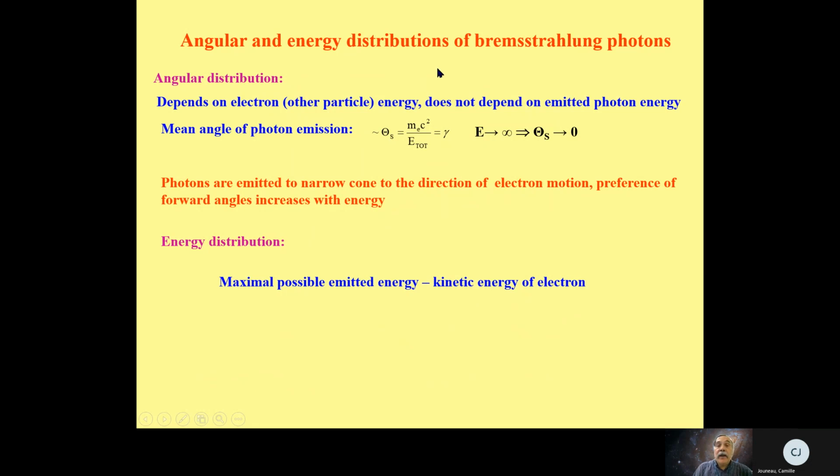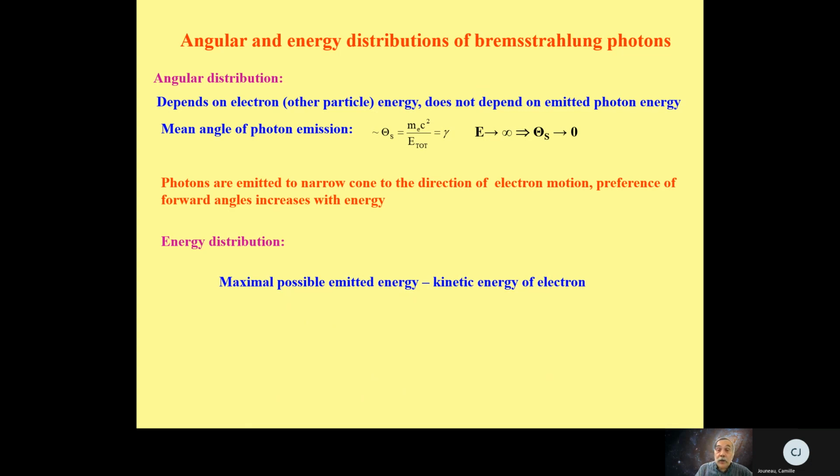The angular and energy distribution of these Bremsstrahlung photons is also given by the energy of the electron. The angle in which the gamma is emitted is inversely dependent on the energy of the electron or positron.